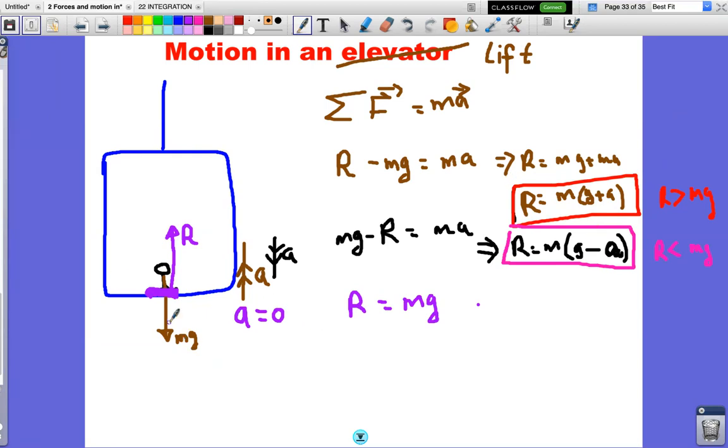If the lift is accelerating downwards, the scale will read a smaller value than what you normally weigh. But if the lift is moving at constant velocity or is at rest, the scale will read the correct value, okay?